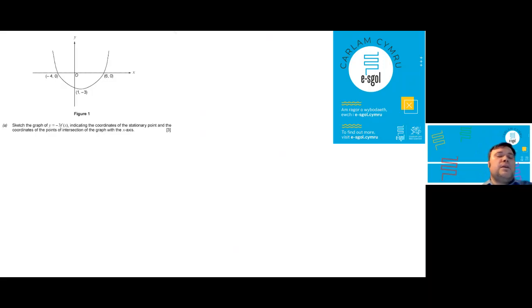So the minus is outside. So y equals minus 3f of x. The minus is a reflection in the x-axis because it's outside, and the 3 is a stretch.